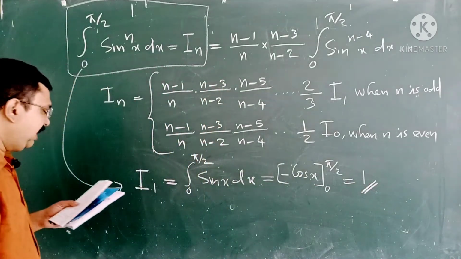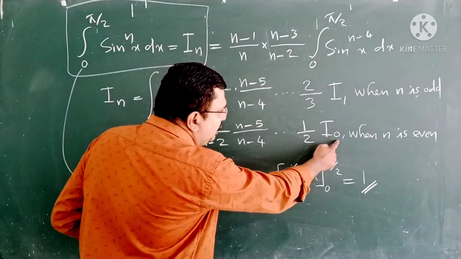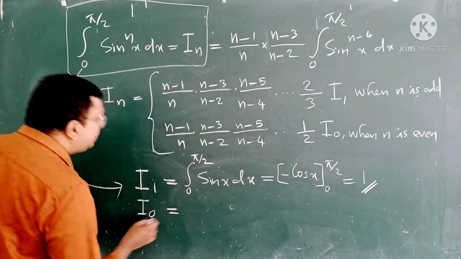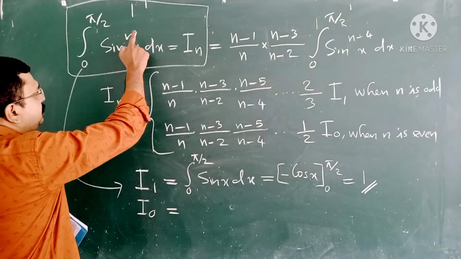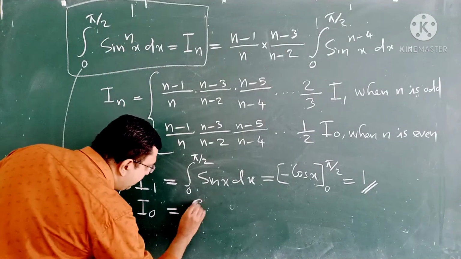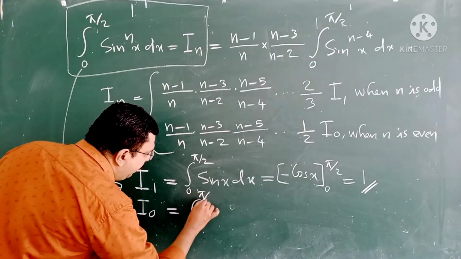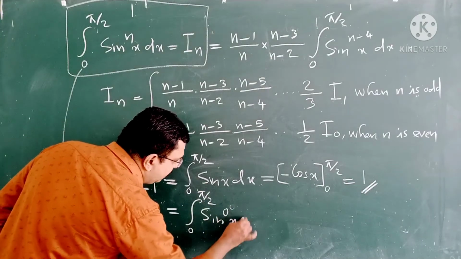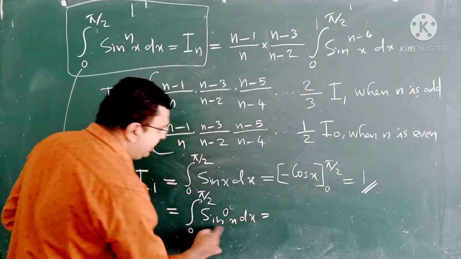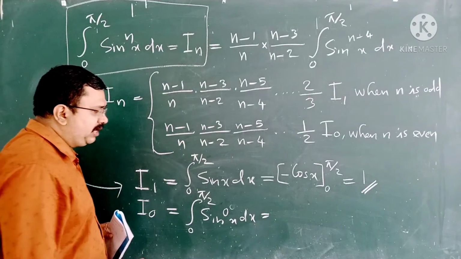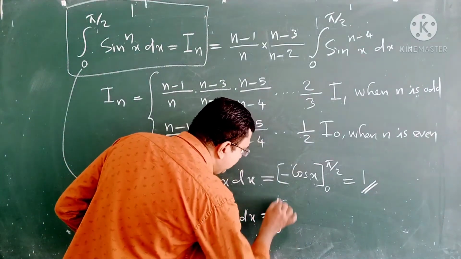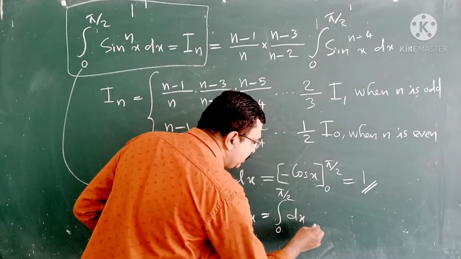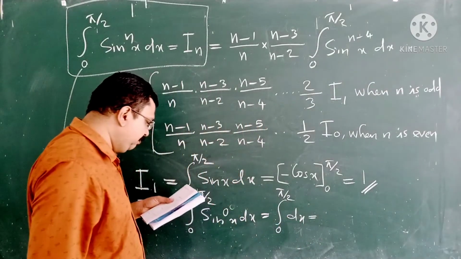Next, we can find out the last term, I0. I0 is n replaced by 0. Therefore, it will become integral 0 to pi by 2 sin^0 x dx. We know that sin^0 x is 1. Therefore, integral 0 to pi by 2 of 1 into dx, that is dx, which is equal to x.